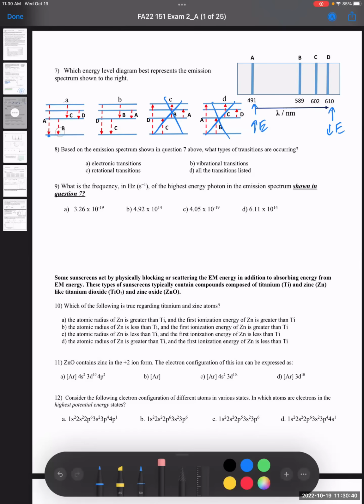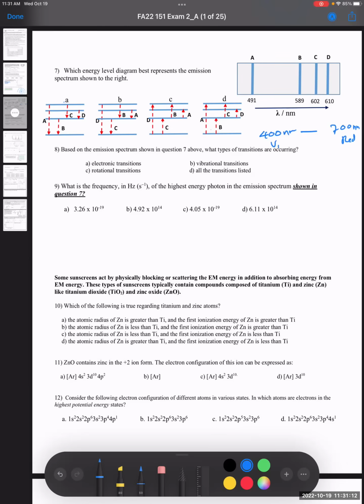Moving on to question 8. Let's see. In question 8, based on the emission spectrum shown in question 7, what types of transitions are occurring? We know that 400 nanometers is violet light, and 700 nanometers is red light.